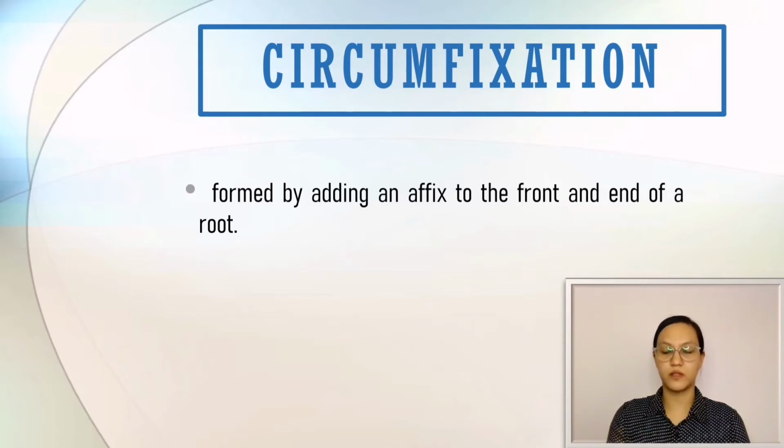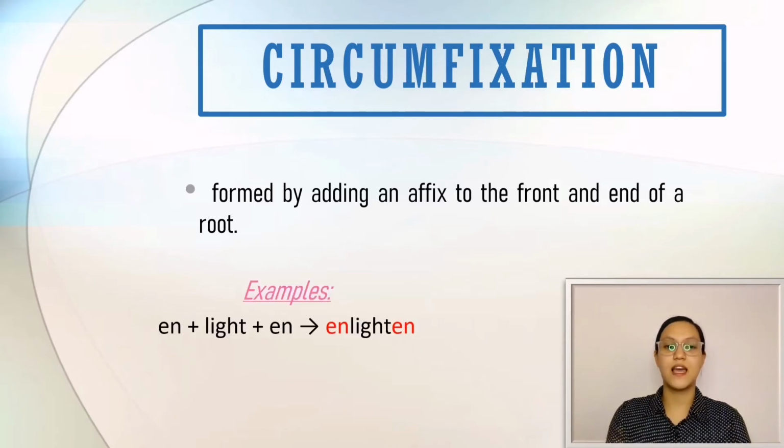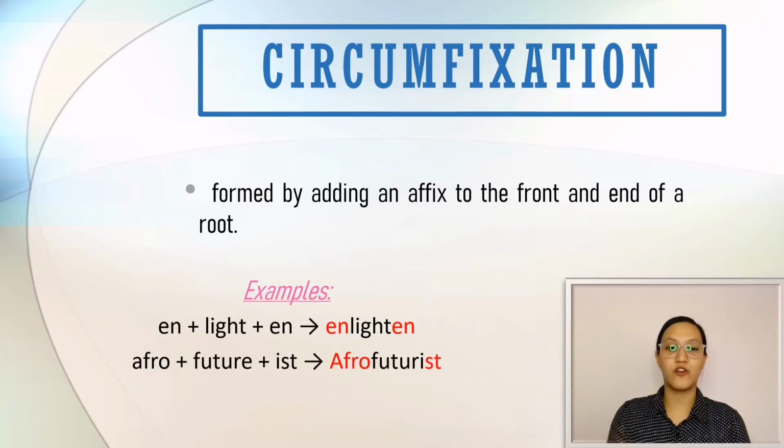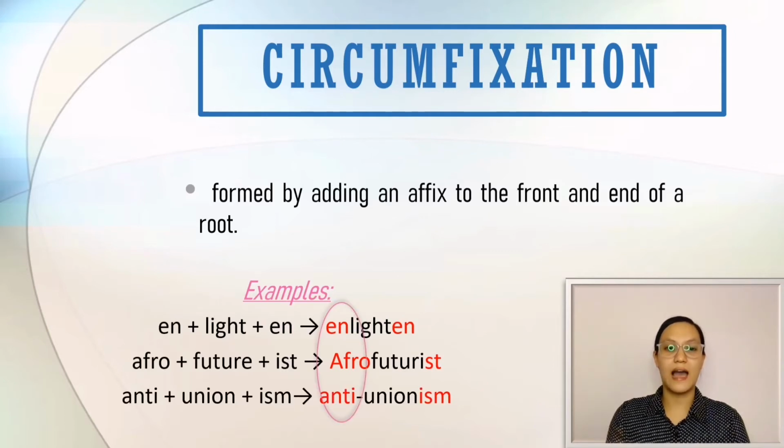For example, en plus light plus en, enlighten. Afro plus future plus ist, Afrofuturist. Anti plus union plus ism, anti-unionism. So again, here are the different prefixes and suffixes used in the examples.